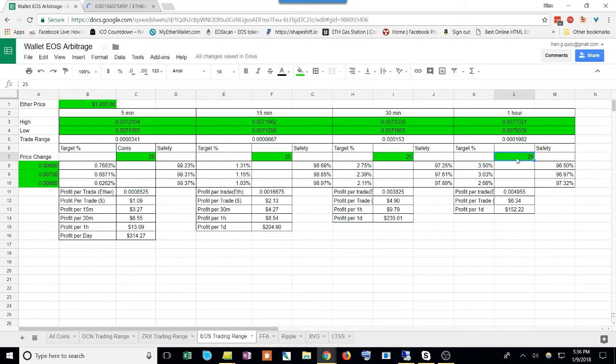Okay. I think I need to double check these numbers real quick. 2008. 25. So that's my profit per trade. And this is my ETH, what it's worth. And so this is per 1 hour for 24 hours. This is off.